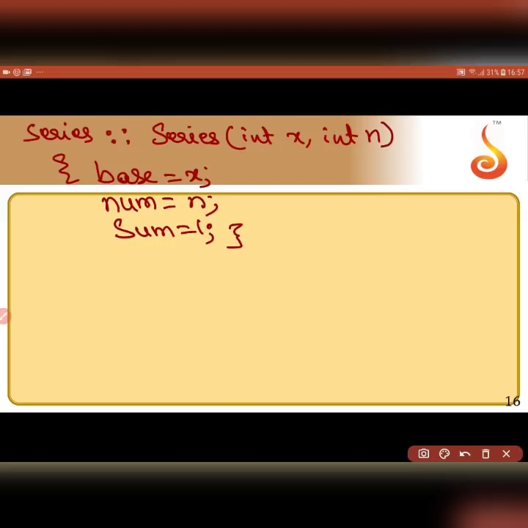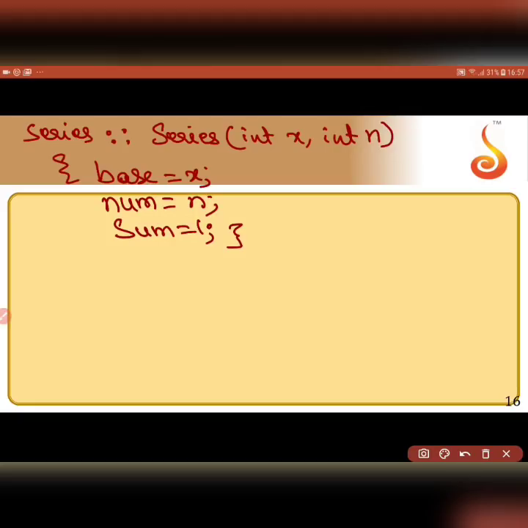So what am I doing here? Whatever is the x value gets stored in base, whatever is the n value gets stored into num, and since the series is starting from 1, I will say sum is equal to 1. So base, num and sum were declared in the class as class data members, right?